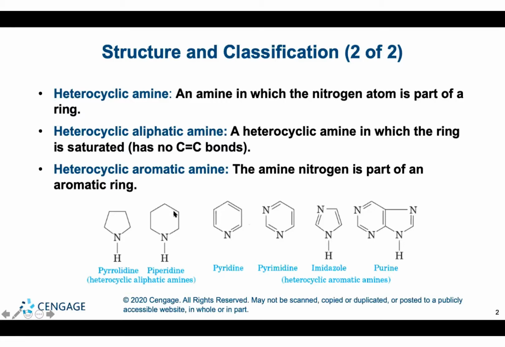If there is any attachment on these structures, you can start numbering from the carbon closest to the amine, so that you reach the chain or the branch sooner, and you name it based on that.